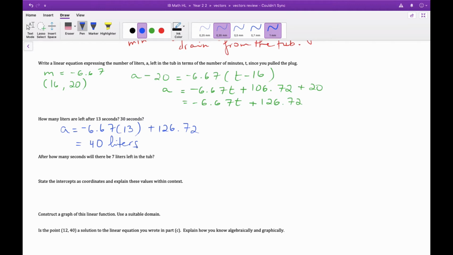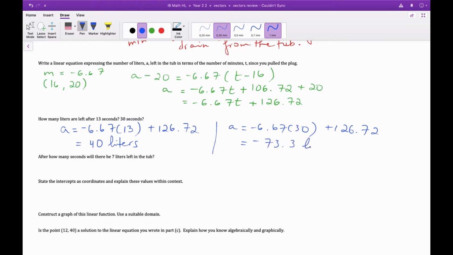And then it wants to know after 30 seconds. Well, if I type in 30, this is interesting to me. I do this calculation, and I get negative 73.3.